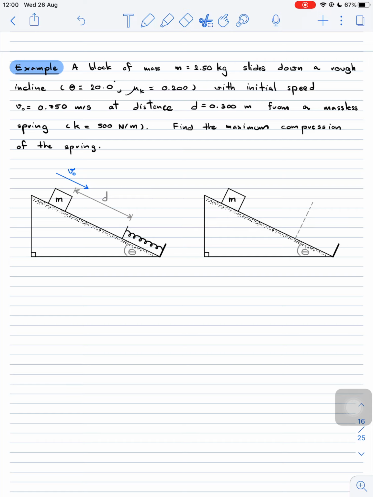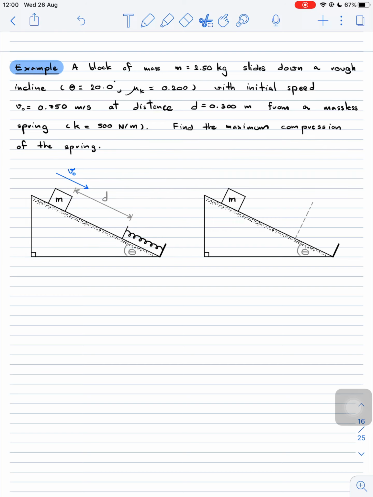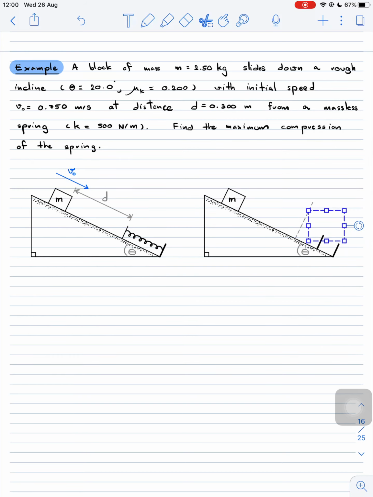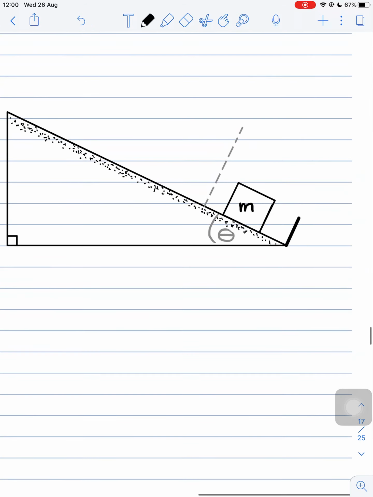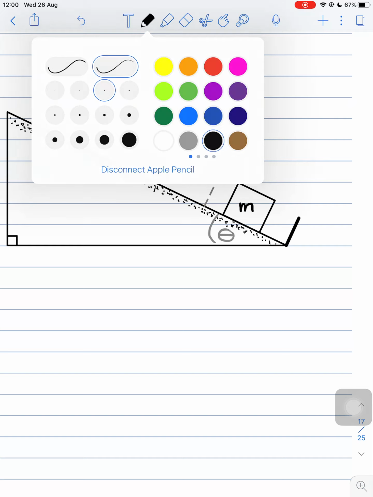And then if the spring is compressed to this position, we have, so okay, it's quite difficult to draw.